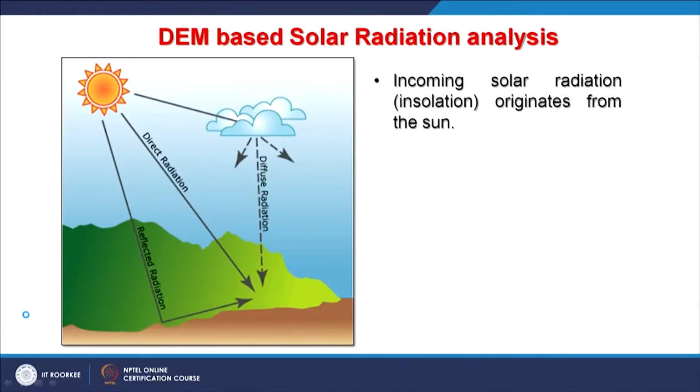So, if there is a sun and that energy is available, then theoretically if the sky is clear, the radiation will reach the surface directly without any hindrance, but we know that it is not like that.